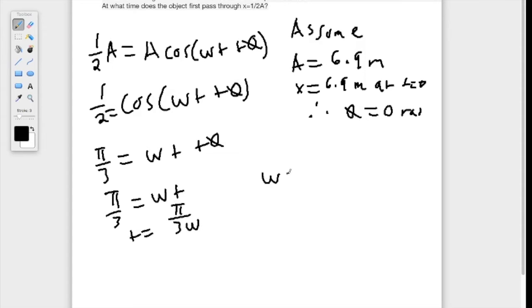So omega is 2 pi times f, my bad. So we get pi over 3 times 2 pi f. Those cancel out. So you get, no, pi, sorry, you get 1 over 6f.